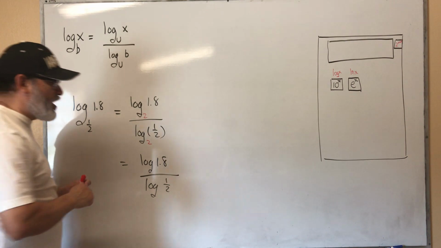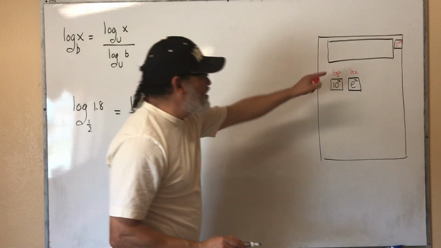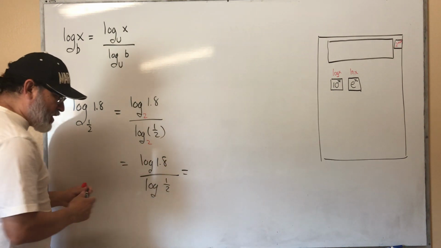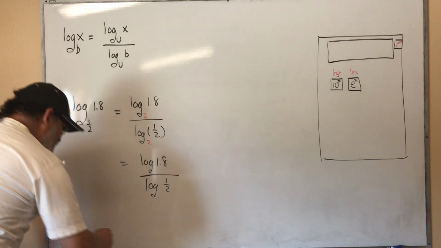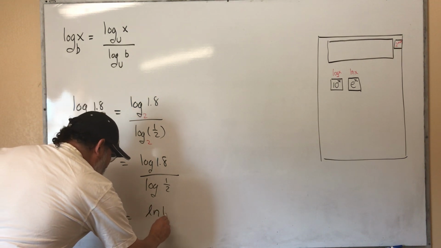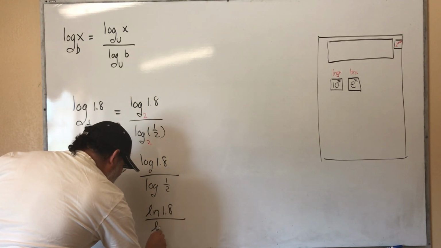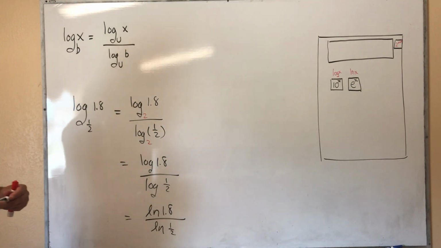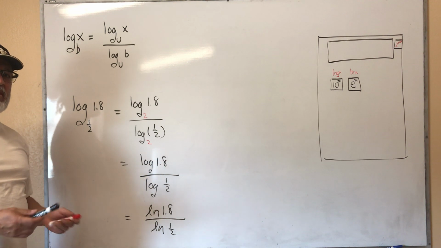And now you can use your calculator. If you want to pick this base, no problem. Pick a different base. Pick ln. So this is ln of 1.8 divided by ln of a half. And use that. And now you can approximate it.